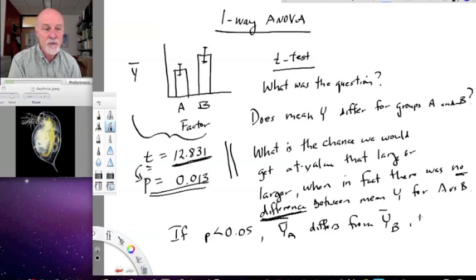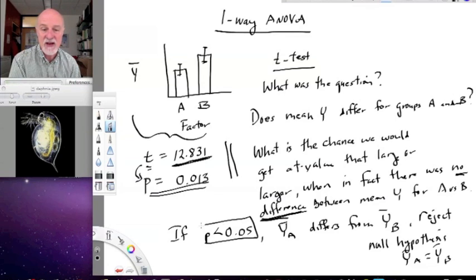In other words, we reject the null hypothesis that y bar A equals y bar B. Now you might say, why do we reject it when p is less than 0.05? We reject it by convention when there's less than a 1 out of 20 chance that we are actually making an error. And by the way, this is actually quantifying the chance that we are making that error. That's called the type 1 error rate.